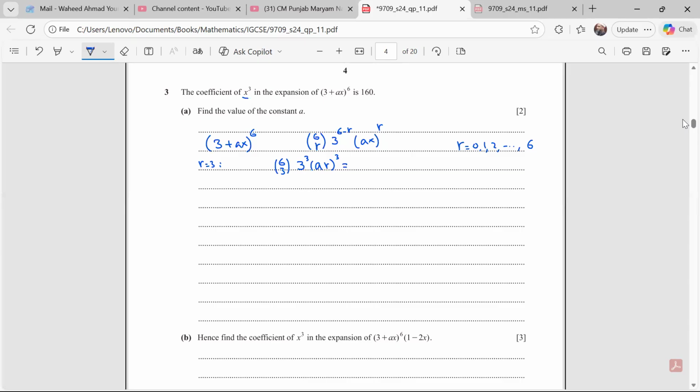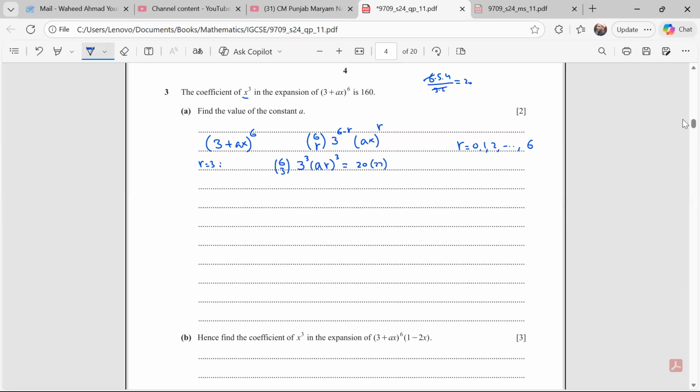What is 6C3? We can calculate it using a calculator, but we can do it manually as well. So 6 times 5 times 4, three terms starting from 6, divided by 3 factorial, which is 3, 2, and 1 I don't write. So 3 times 2 is 6, cancel with 6. 5 times 4 is 20. So 6C3 would be 20. Then 3^3 is 27.